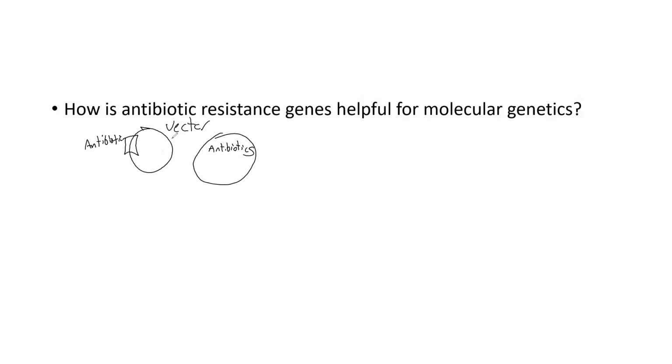So bacteria that have successfully taken in your vector have resistance to that antibiotic, and therefore they can grow on the plate. Anything that doesn't have your antibiotic resistance gene dies on the plate. This is a selectable marker. It helps us decide which bacteria has our plasmid and which one doesn't.